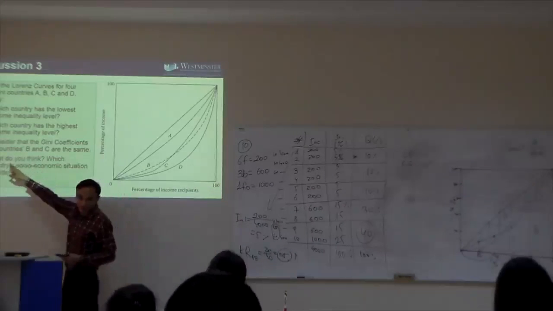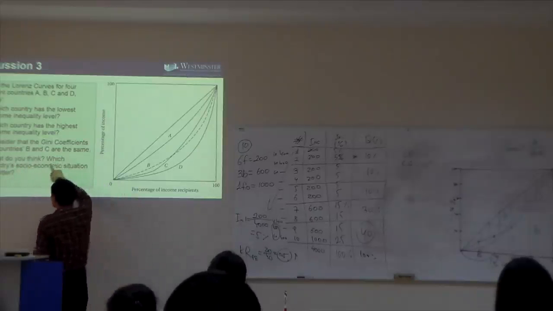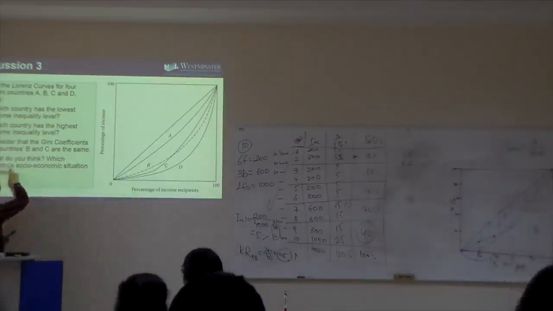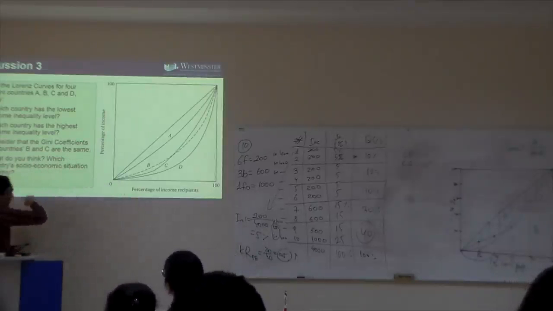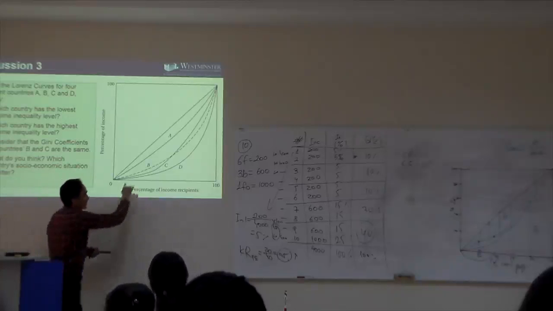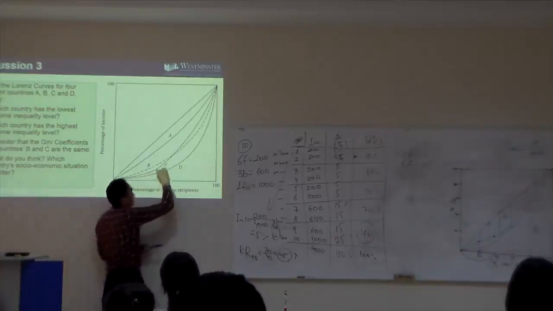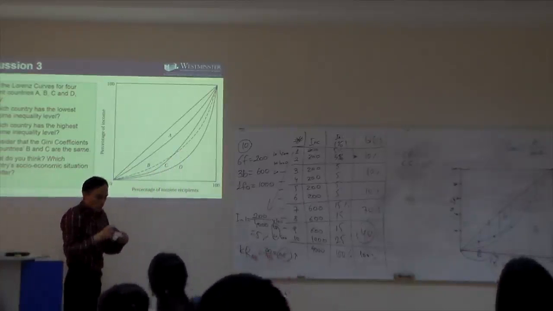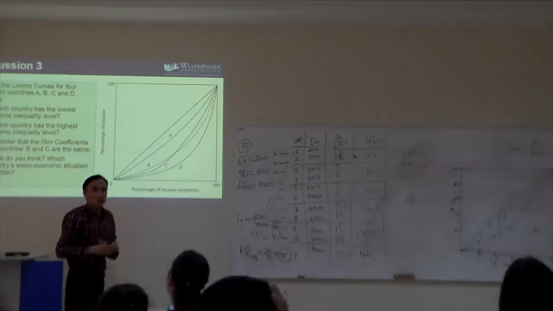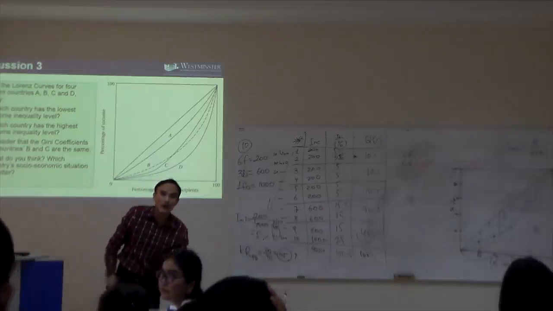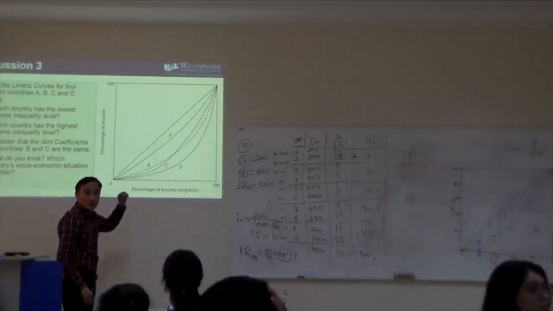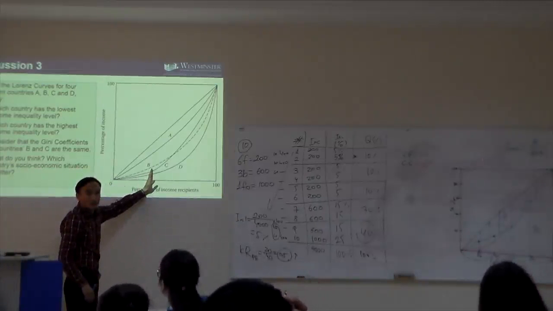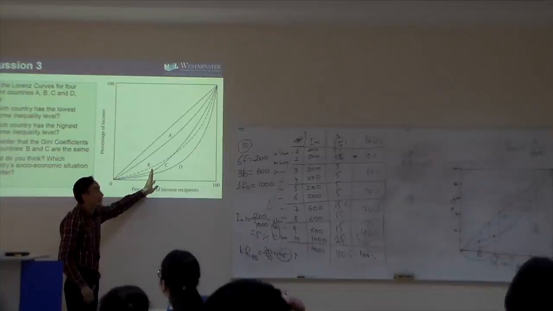What do you think? In which country is the socio-economic situation better, country B or country C? Students who said country B, what is your argument? In country C, approximately 40% of the population earns a very low amount of money.